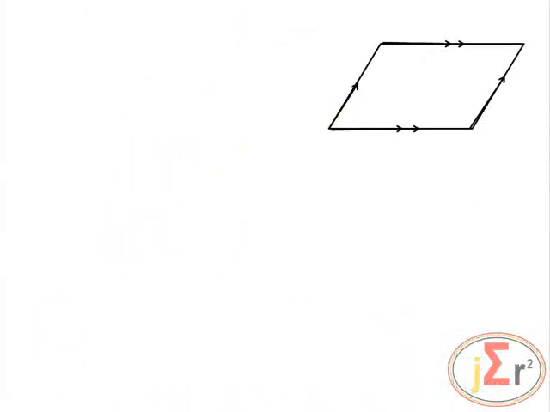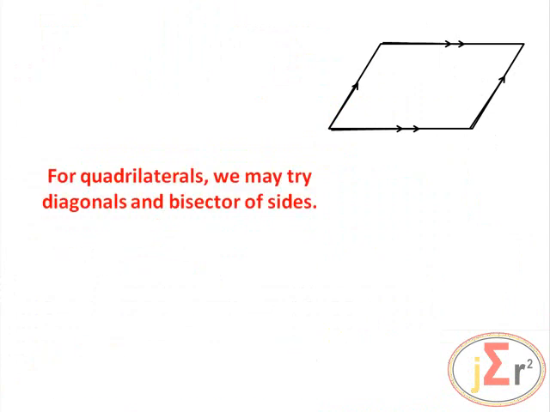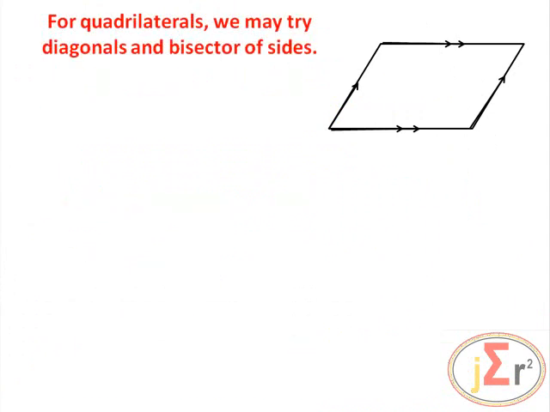Instead, we will spend our time looking at the parallelogram that we have there to see if we have any line of symmetry, or if we can show that we will not have any line of symmetry. For quadrilaterals, we may try diagonals and bisectors of sides.